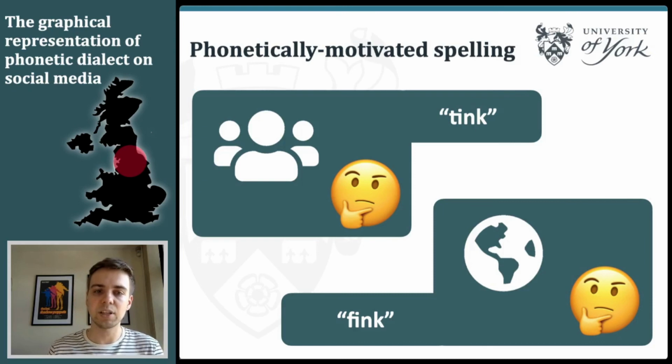And that's the kind of thing I'll be exploring in the webinar talk, the extent to which people make use of spellings like this, and also many other examples, to represent their own dialect and project some kind of linguistic or social identity on platforms like Twitter.